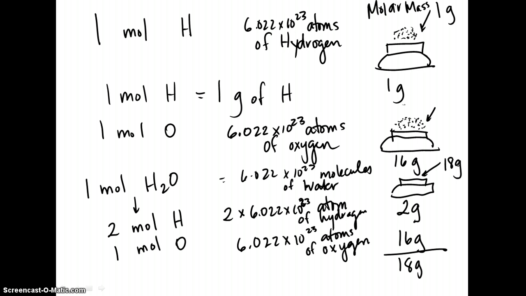So let's move on to one other key idea, and that is, how do you name these chemicals? So first of all, if you have just an element by itself, you might have hydrogen, or you might have iron, you might have O2, you might have calcium.